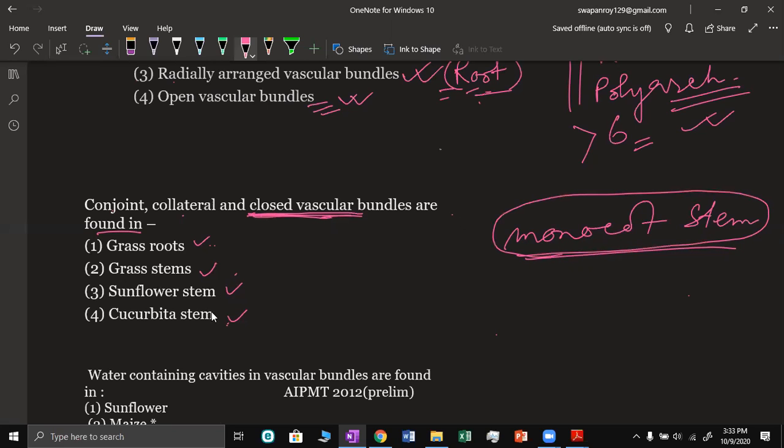Sunflower is a dicot, cucurbita is also a dicot. Grass stem is monocot. It is not a character of root. So our answer will be grass stem.